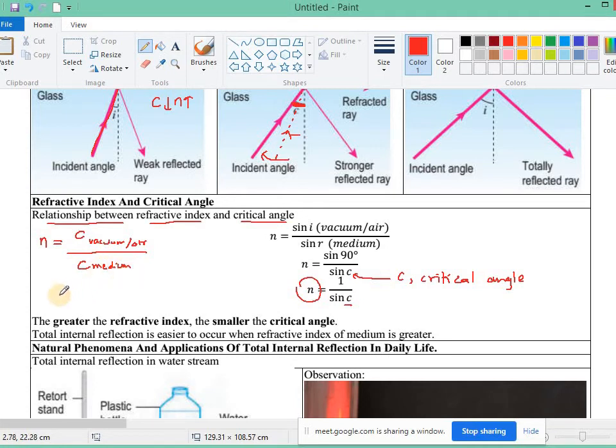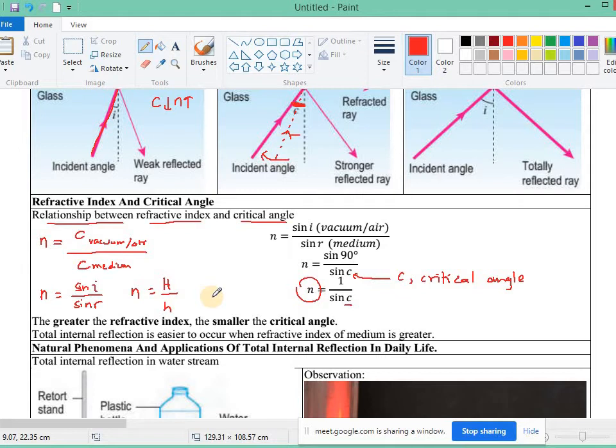This is the original equation. And then from Snell's law, sine i over sine r. And then from real depth over apparent depth. So until now, in total we have 4 methods to calculate the refractive index.